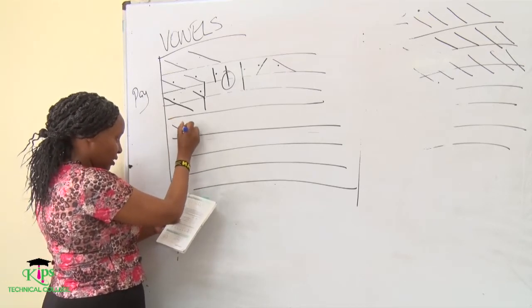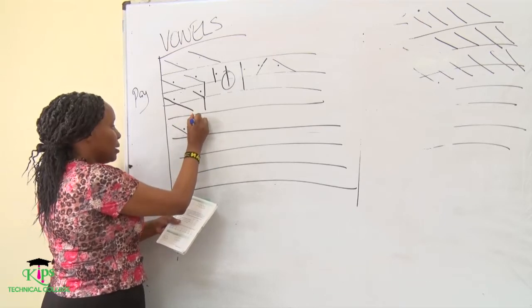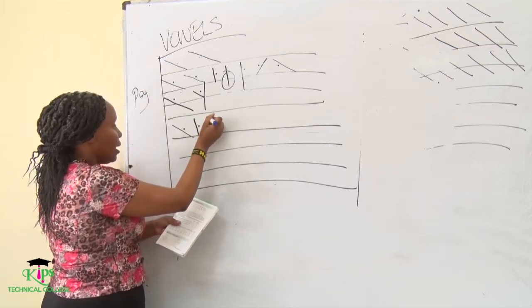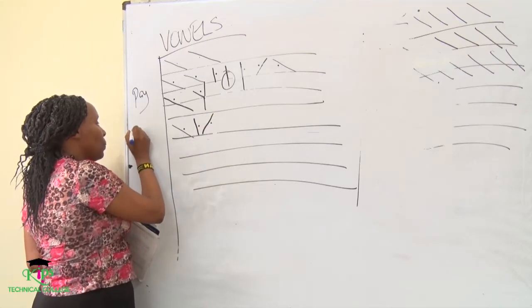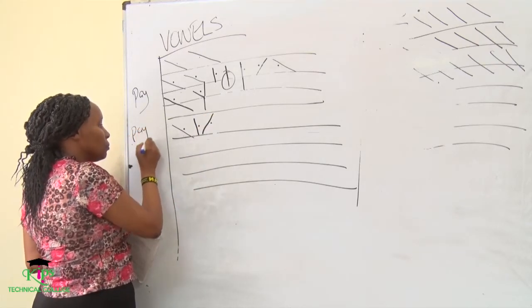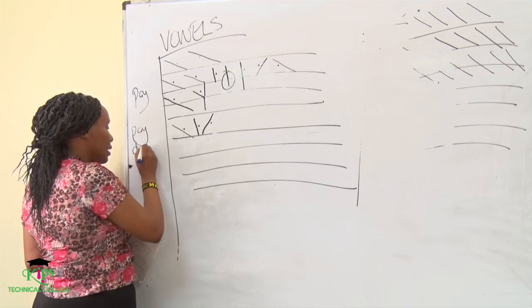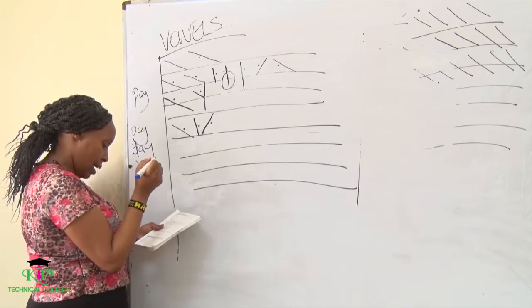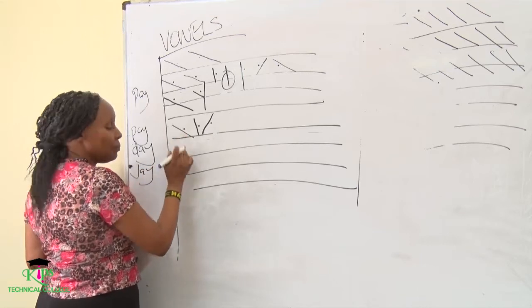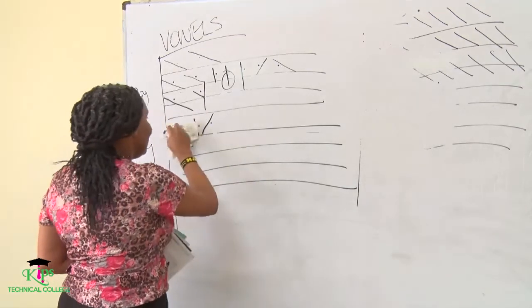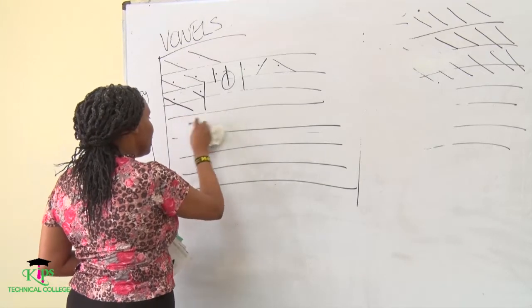For example, that is pay, day, and J. So you're going to write pay, day, and J. You drill each outline on its own.